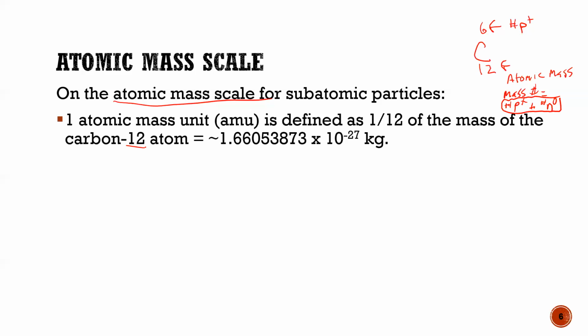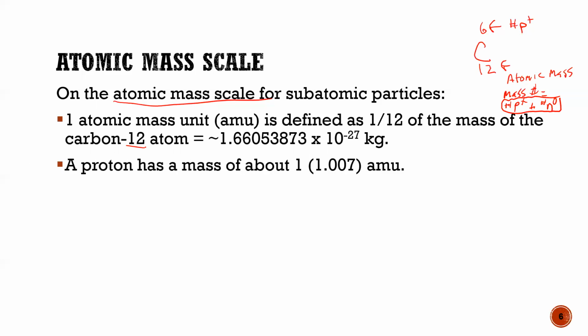Now that atomic mass unit is really small. It's not very practical. That's why later we discuss the concept of the mole, where we change that average atomic mass in the periodic table from atomic mass units into grams, because 1 gram has 6.022 times 10 to the 23rd atomic mass units, which is roughly that weight.